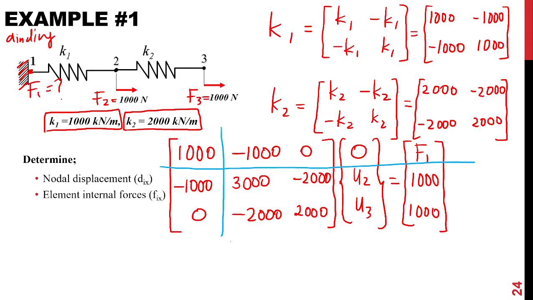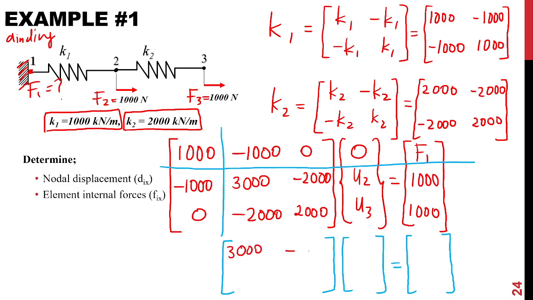Matrix kamu jadi simple sikit. Berapa value dia? 3000, negatif 2000, negatif 2000, 2000.